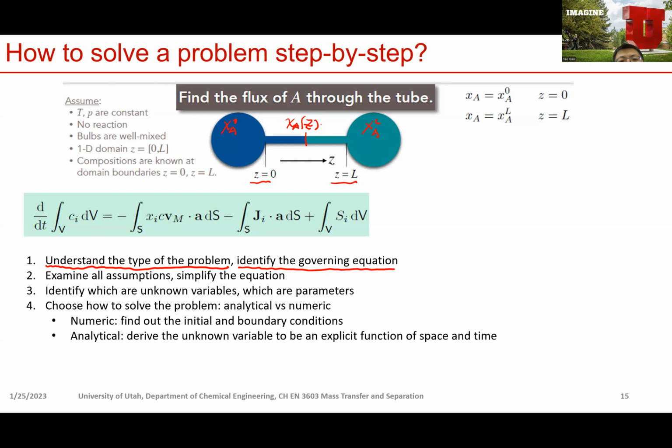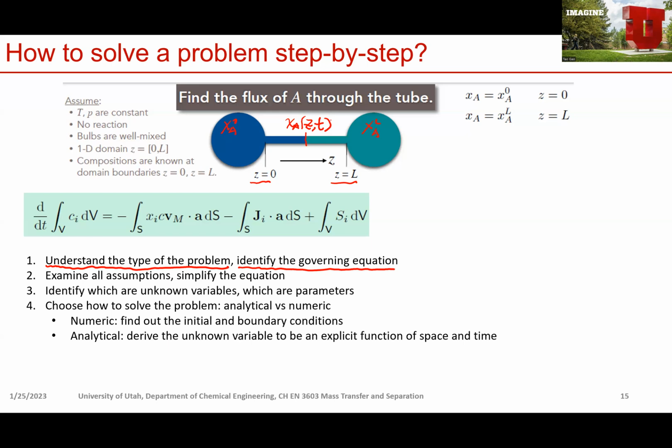Then it's also going to depend on time, because it's going to take some time for the whole system to reach steady state. We call this period before we reach steady state the transient stage. In this transient stage, the mole fraction of A will depend not only on the location, but also on the time.